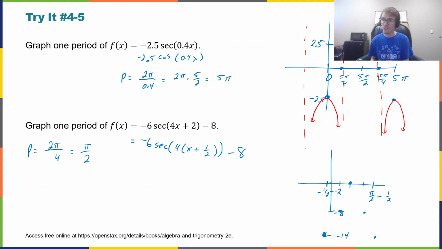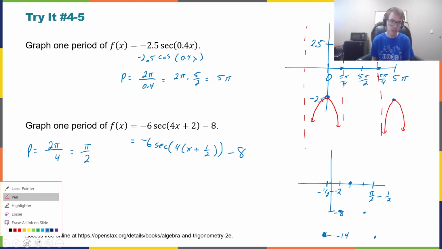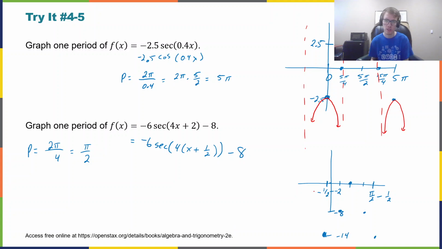All right, now once again, wherever cosine is equal to 0, which in our case is where we hit the midline, whenever we hit the midline, we will have an asymptote, and we have another on the right at our third tick mark here, where that tick mark is.